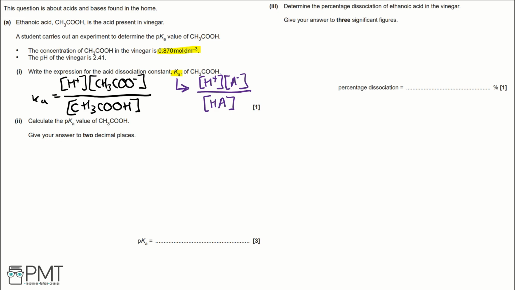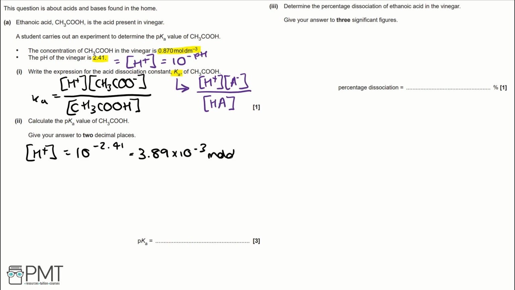We've also got the pH of vinegar, which we can use to work out the concentration of H+, with the general equation being the concentration of H+ equals 10 to the minus pH. So in part 2, we write the concentration of H+ equals 10 to the minus 2.41, which equals 3.89 times 10 to the negative 3 moles per decimeter cubed.